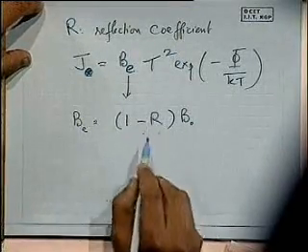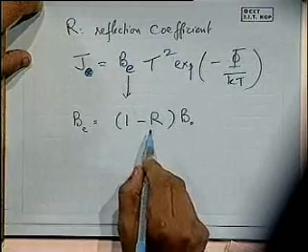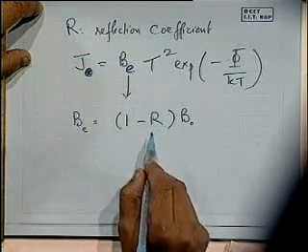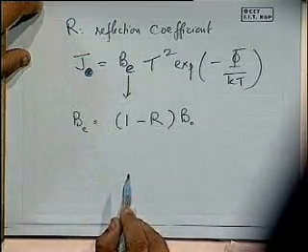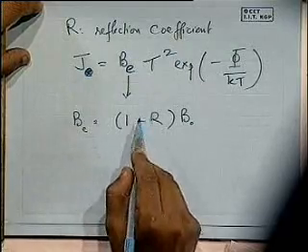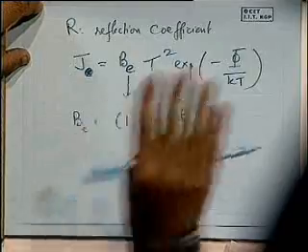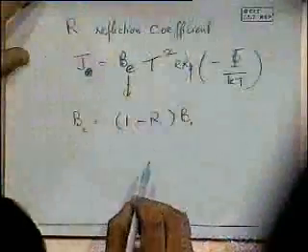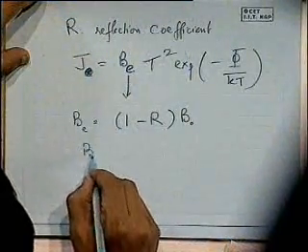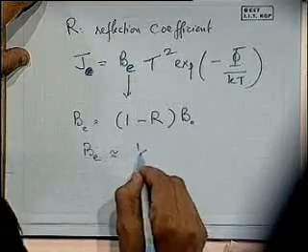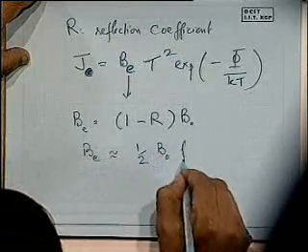What this simply tells us is if R is 0, then it reduces to the previous Richardson-Dushman equation. If the probability that it will be reflected is high, then accordingly the current density of the electrons overcoming the barrier is low. The current density decreases as R increases. Typically, it is seen that B_E is equal to about half B naught for most metals.